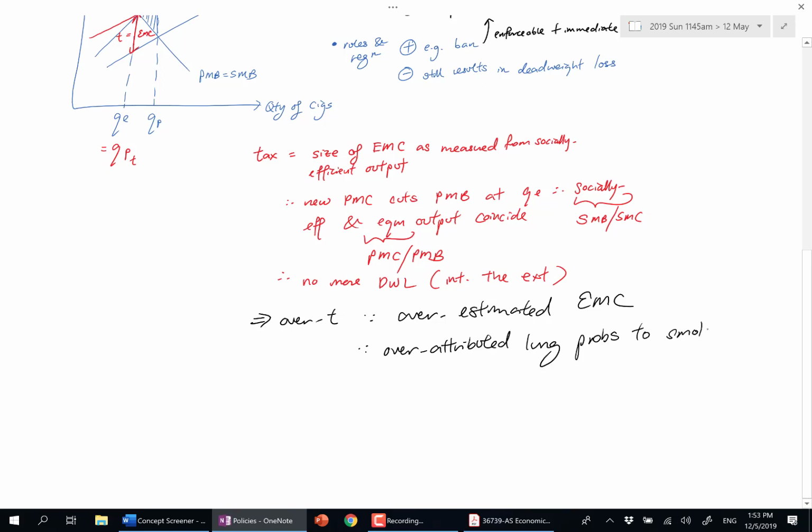Everyone who visits a clinic with lung problems, we say, you must have been a victim of second-hand smoke. But actually, some of them could have lung problems because they stay near the expressway, traffic pollution. Some could have lung problems by default, okay? So you can't say everything is due to second-hand smoke.